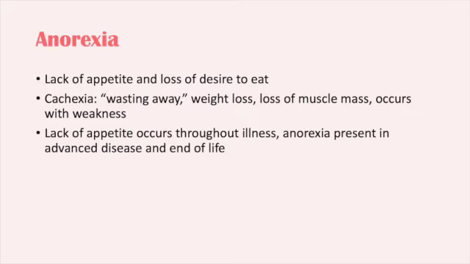The lack of appetite occurs throughout the illness. Anorexia is present in advanced disease stage and end of life. So a lot of times they may eat smaller portions of food, or they just may not eat all the meals that we're used to, like breakfast, lunch, dinner. They may only eat one meal a day. That's okay.